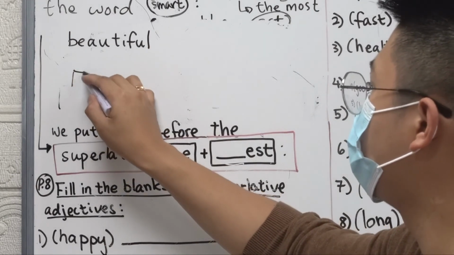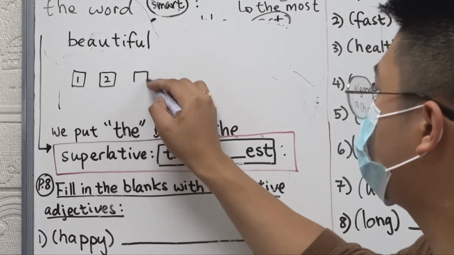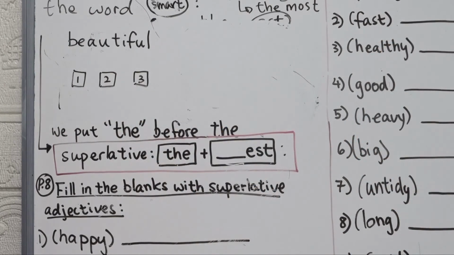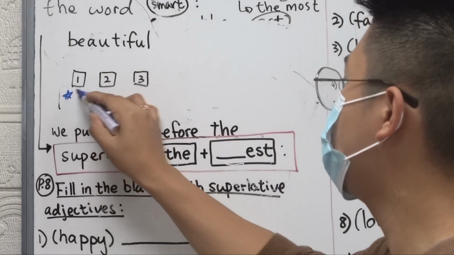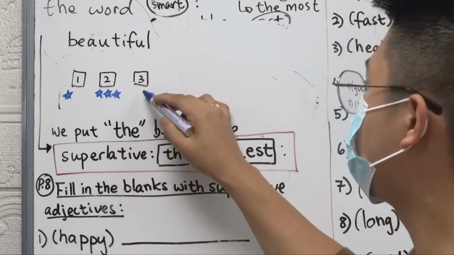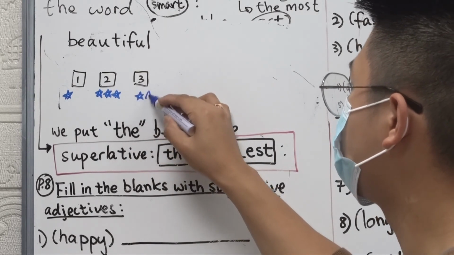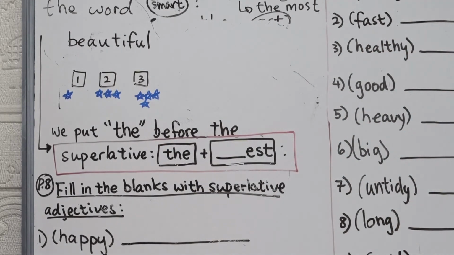Picture 1, picture 2, and picture 3. The number of stars that I will draw says how many people think the picture is beautiful. So picture 1 has 1 star, picture 2, 3 stars, and picture 3, 4 stars. They're the number of people that find the pictures beautiful.